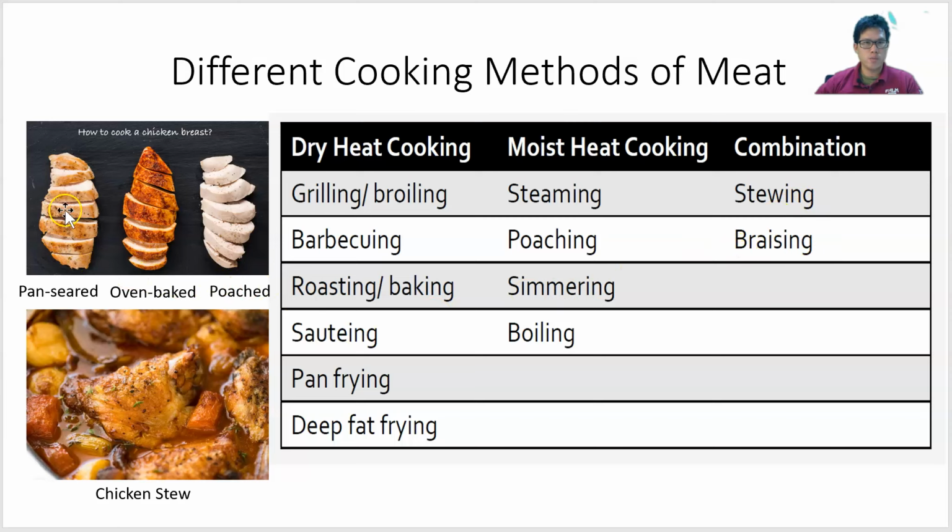You can see from here, it's very obvious that if you use dry heat cooking compared to moist heat, the color of the surface of the meat is different. And you can see the stew as well can help to loosen or soften the connective tissues. Different methods are used for different types of dishes as well, of course depending on the meat you are trying to use.